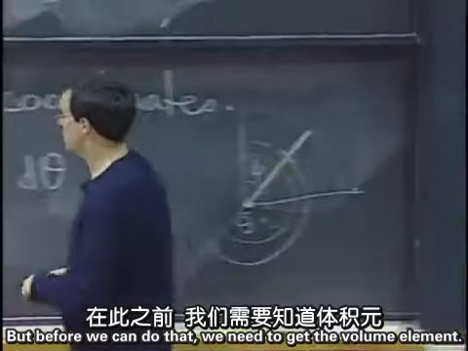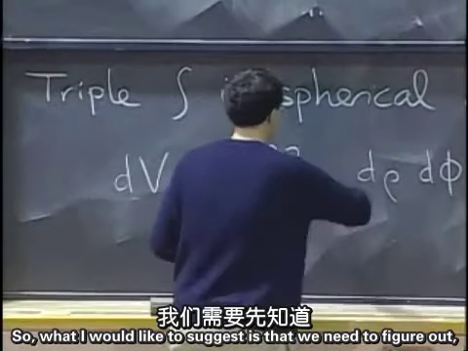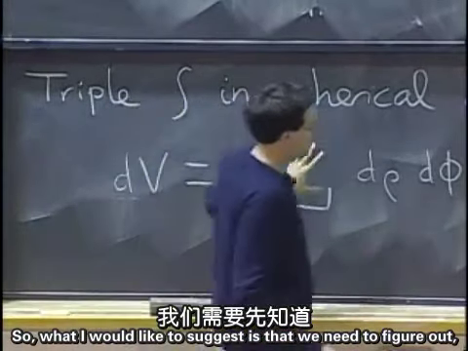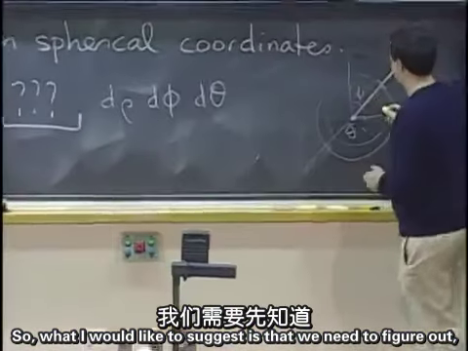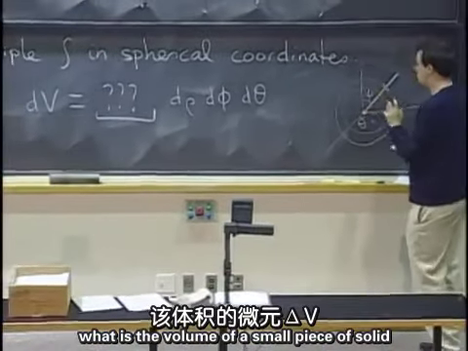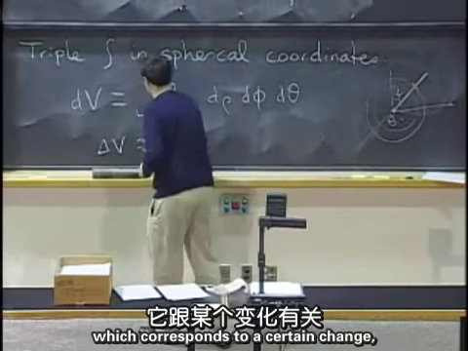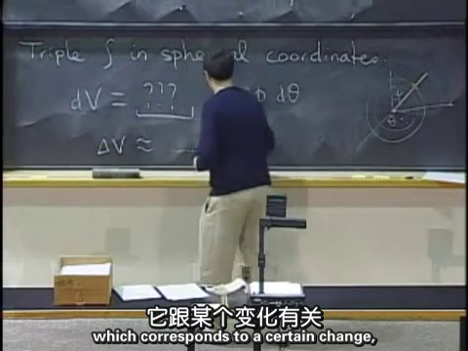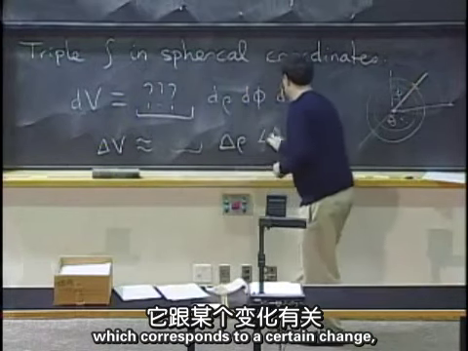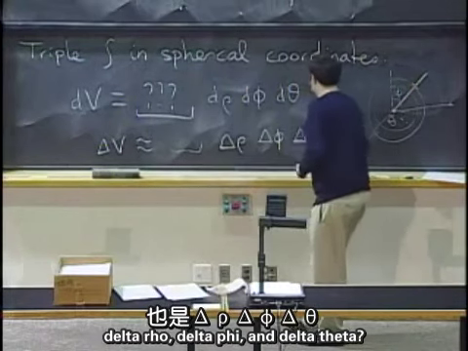But before we can do that, we need to get the volume element. What I would like to suggest is that we figure out the volume of a small piece of solid which corresponds to a certain change, delta rho, delta phi, and delta theta.